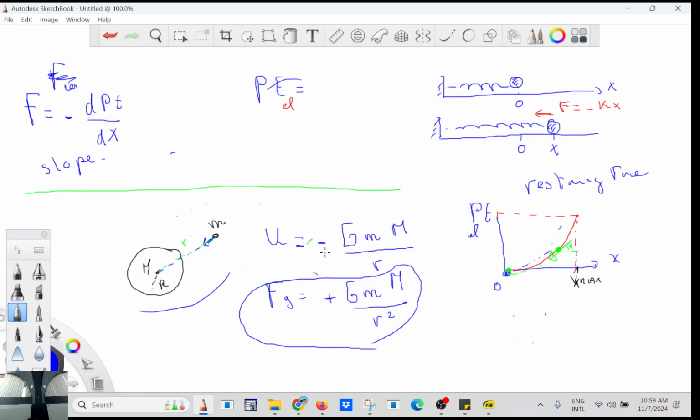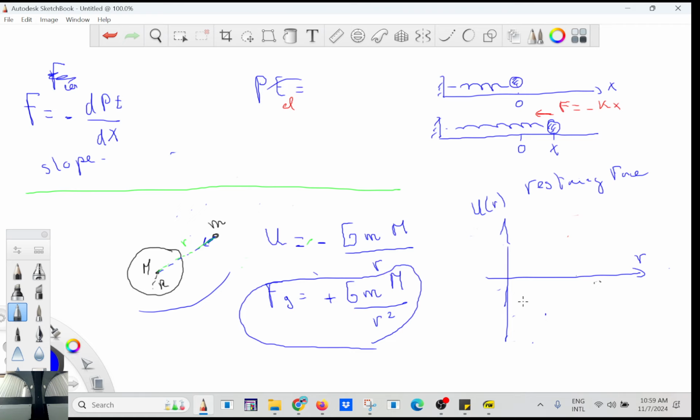So u equals minus 1 over r, whatever. What does it look like? Can you draw that in your notebook?